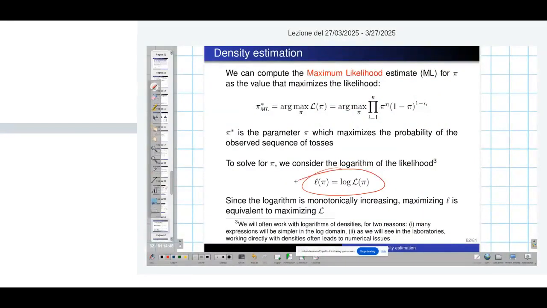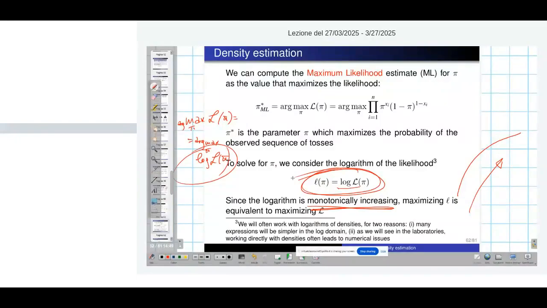The logarithm is monotonically increasing, which means that the log function is strictly increasing as we increase its input, which means that the maximizer of L is equal to the maximizer of the logarithm of L. So we can maximize the logarithm of the likelihood, and we will find the same pi.